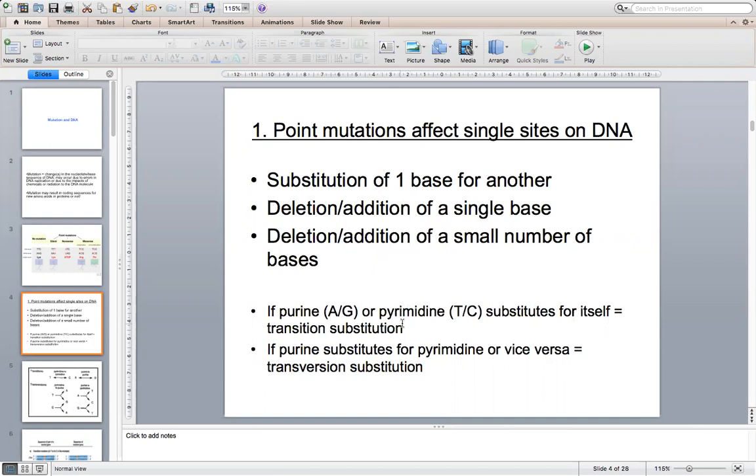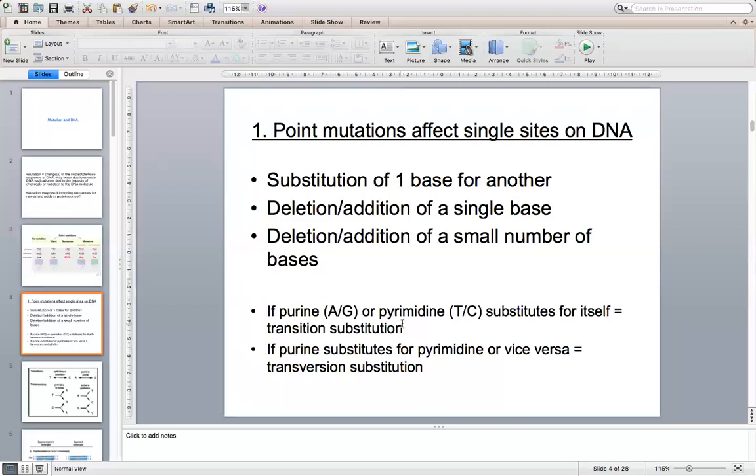Again, these substitutions, as in the case of the point mutation, come in two types: transition and transversion. What is the difference between them?